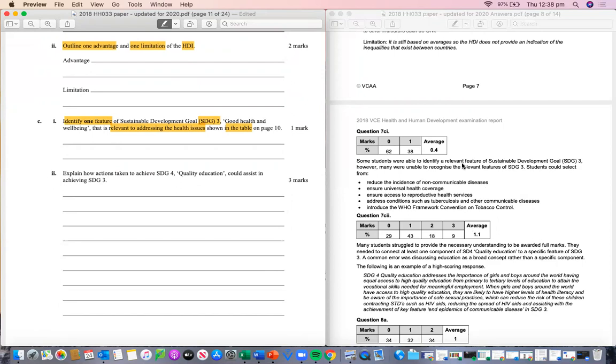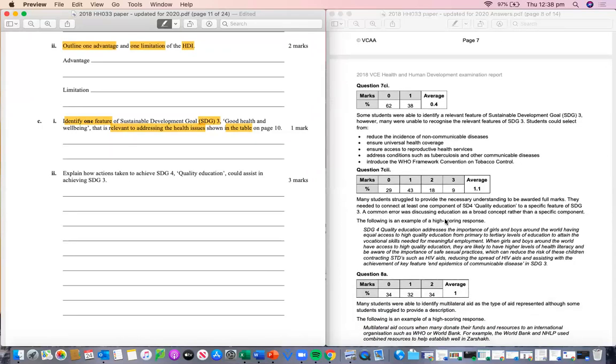The average was 0.5, fairly more 0 than 1. You could say ensure universal health coverage, ensure access to reproductive health services, or introduce the Framework Convention on Tobacco Control, a whole variety of things you could use. We've already covered this, so it should be easy to identify.